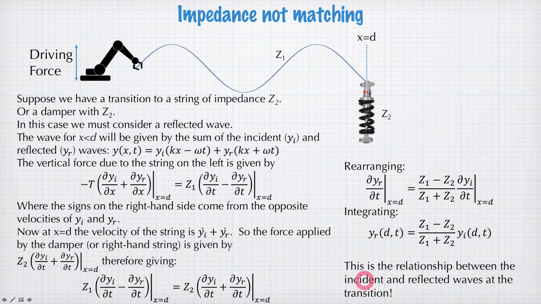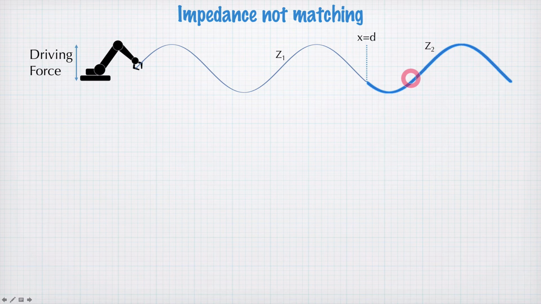And this is the relationship between the incident and reflected waves at this boundary, which is represented by a damper, but we could equally represent it by a continuing string with impedance Z2, like this.